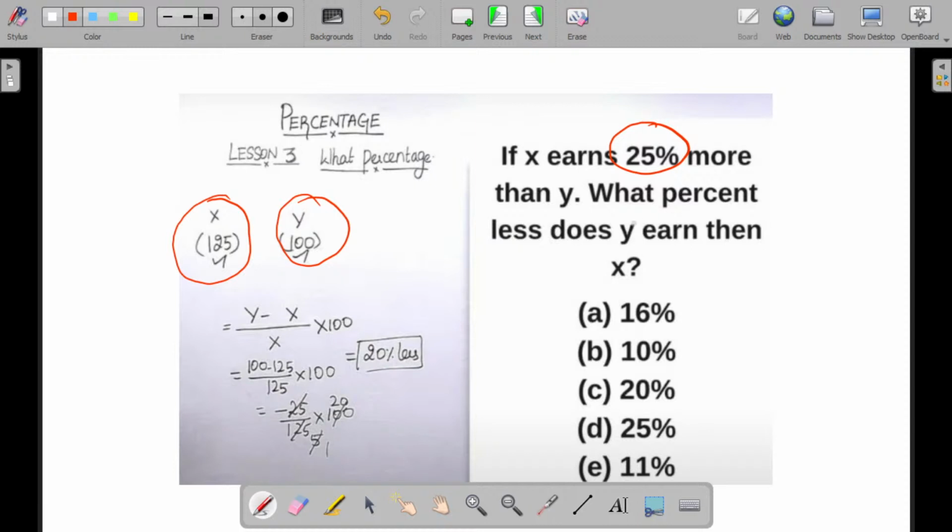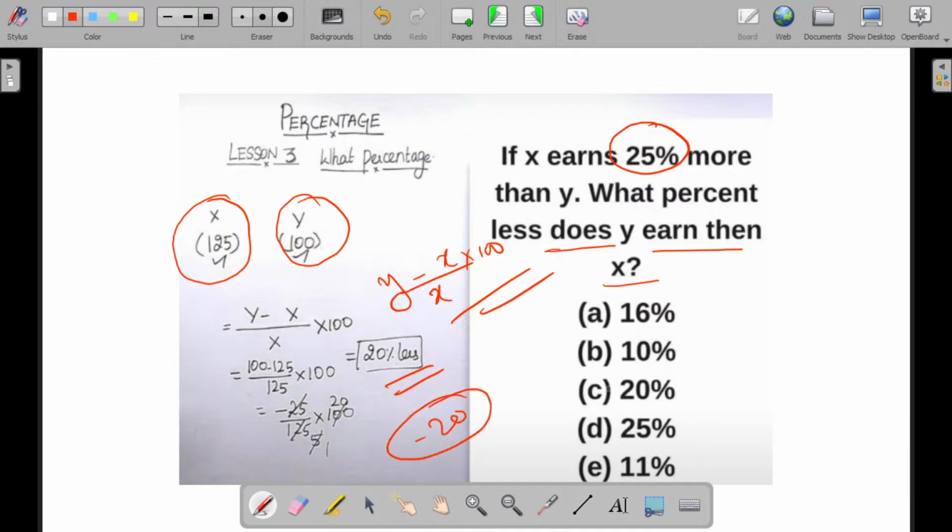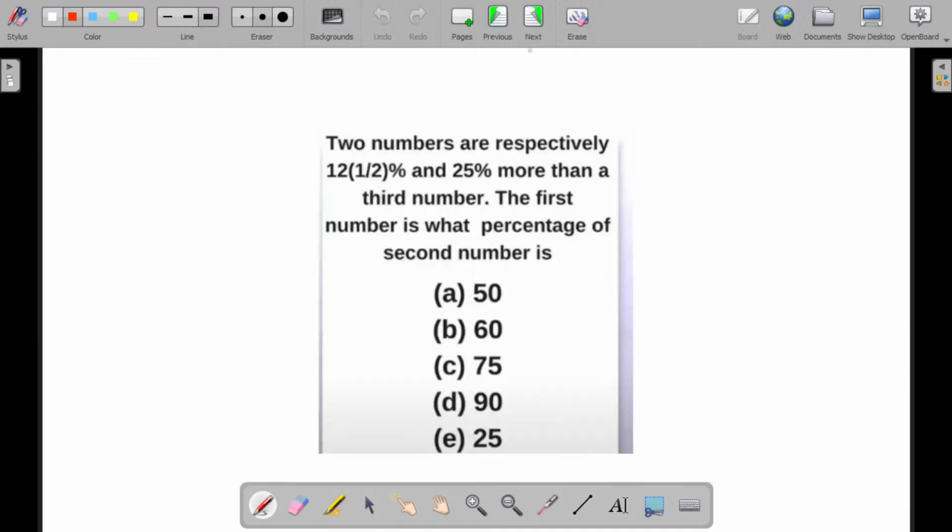Here they ask what percentage less does Y earn than X? X will come in the denominator, the second term, then Y into 100. With this we get 20% less. Minus 20 means that is less. Okay, great. Next question.